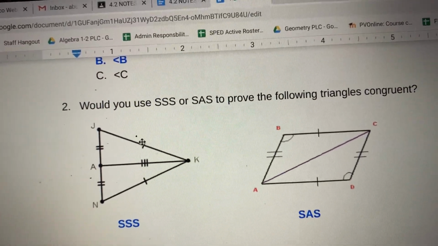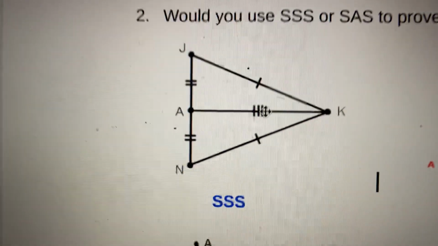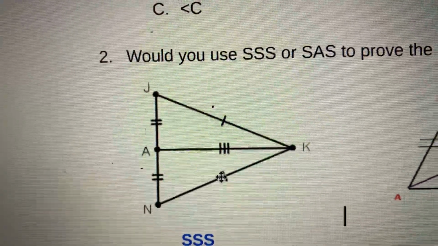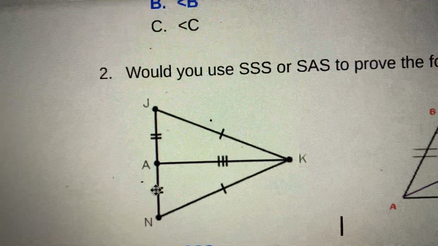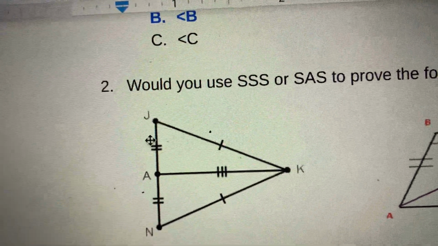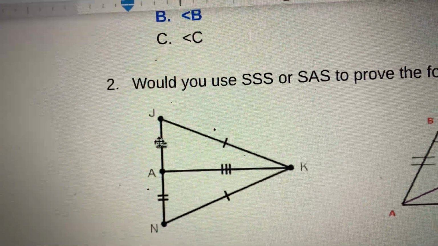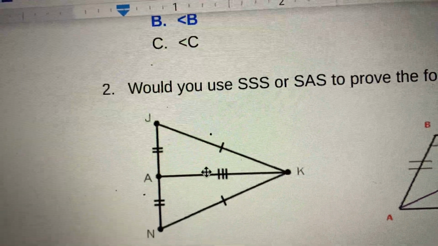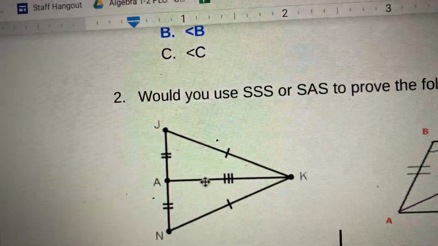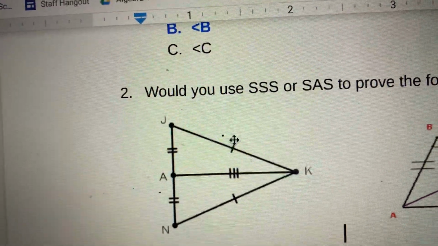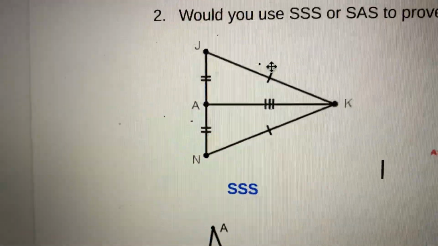So if we have 1 check here, we know that's going to be congruent to this right here because that also has 1 check. This has 2 checks here, and so does this segment right here. So we know those 2 are congruent. And then this line, they actually share the same, so we know that's also going to be congruent. So because we have 3 congruent sides, it's going to be side, side, side.